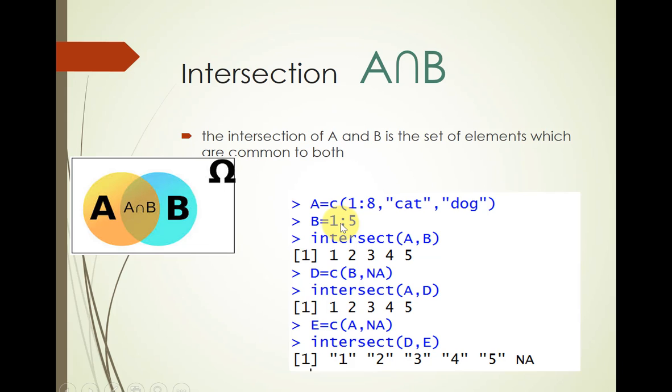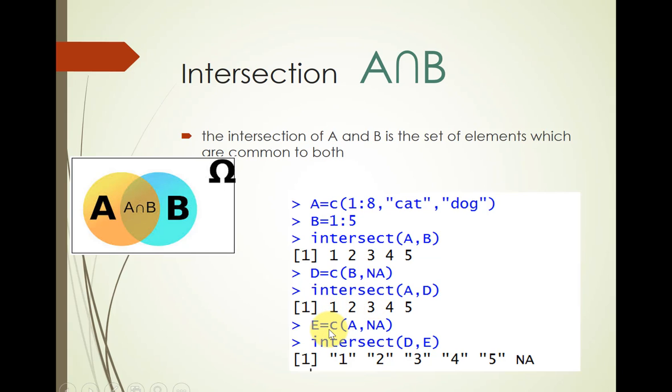So all of B is in A, so the intersection is all of B. If we add NA to B and call that D, and then ask the intersection of again A with this new D, where D is this set plus NA, we still get this, so we're not getting NA, so I guess that's what we want.